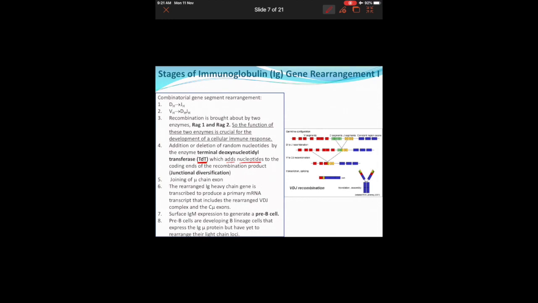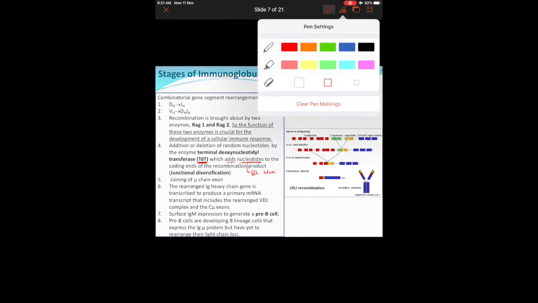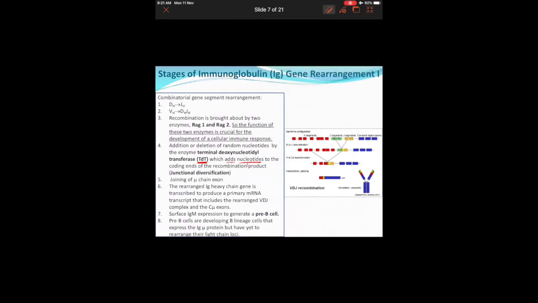So what happens when you insert or delete additional nucleotides? What's going to happen to your code? You're going to change your codons. And changing your codons means you change your amino acids. So this is the reason why you're getting such hypervariability. So this way you're randomly generating more variations in the structure.